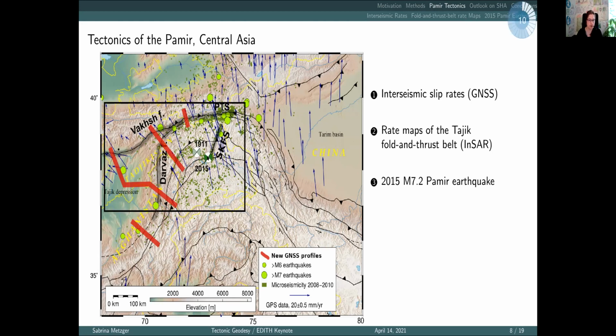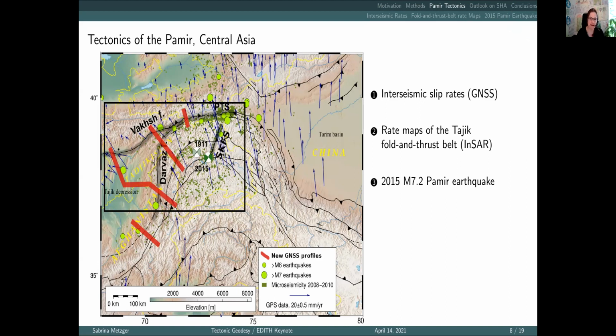So what I want to show you over the next 10 minutes are 3 different projects. So first, how we derived interseismic slip rates for all these key faults, which I put here shaded in gray. That's basically based on GNSS observations. But then in a second step, we created an InSAR rate map, and that's really ongoing work now, where we look at the kinematics in this Tajik basin.